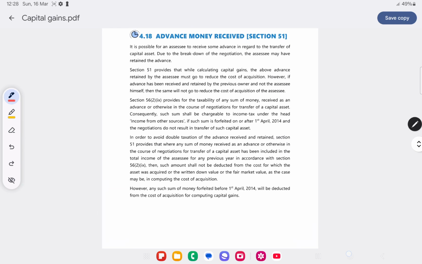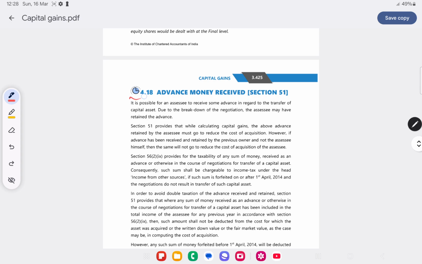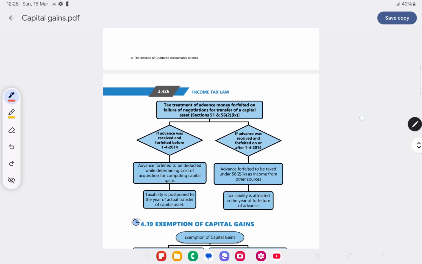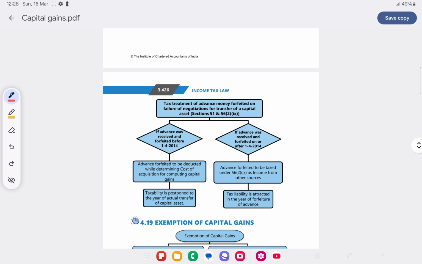See what will happen in the case where advance money received is forfeited. Now see, for example, we have bought some capital asset and we want to sell that capital asset. It is bought by A and A wants to sell to B. A contract was made and negotiation has been done between A and B. Now what happens?